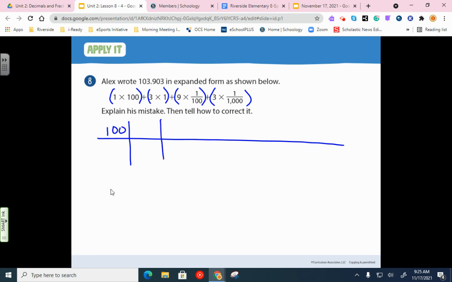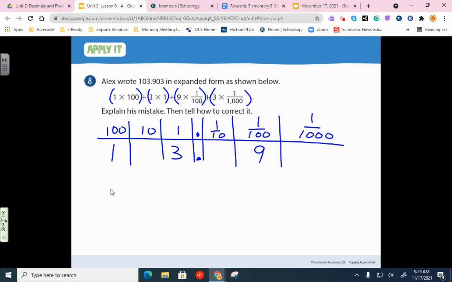Here's our hundreds, tens, ones, decimal, tenths, hundredths, and thousandths. So let's plug in what he gave us. He put a 1 in the hundreds, a 3 in the ones, decimal point, a 9 in the hundredths, and a 3 in the thousandths. And let's fill in our numbers here with zeros.